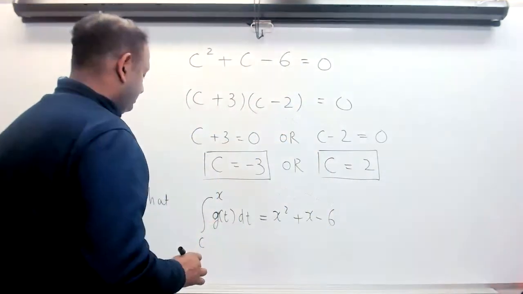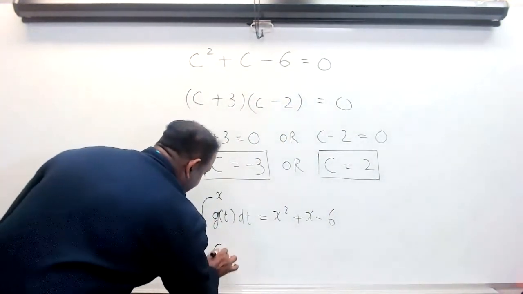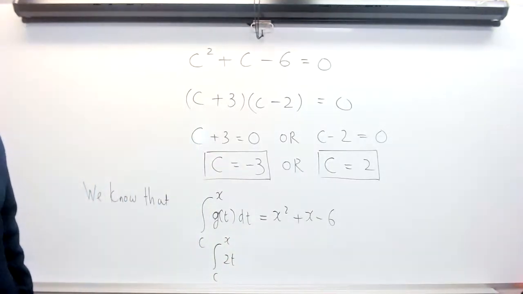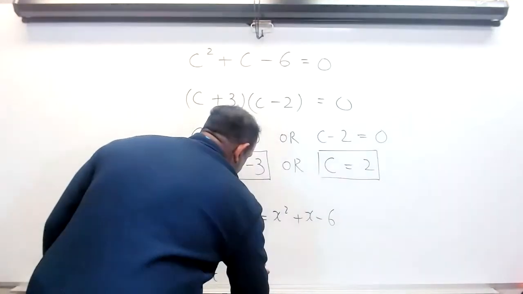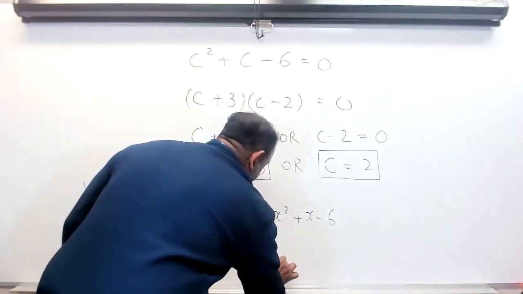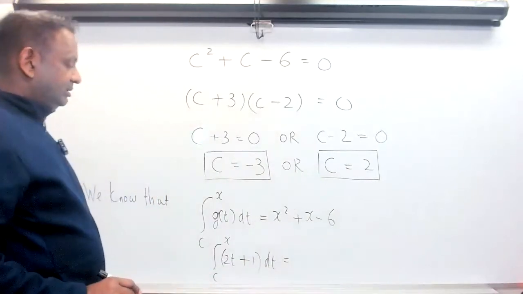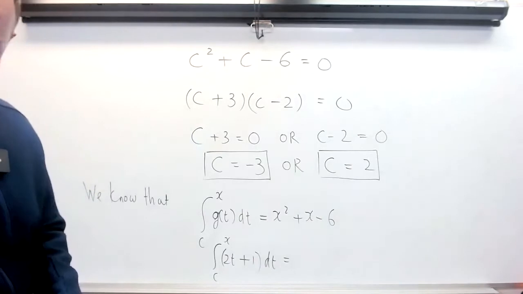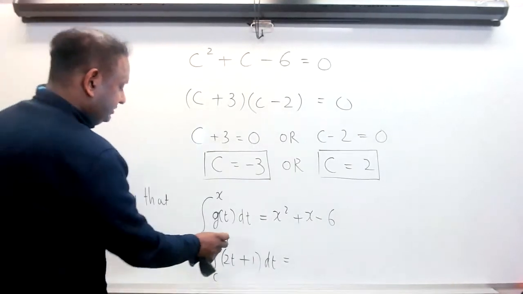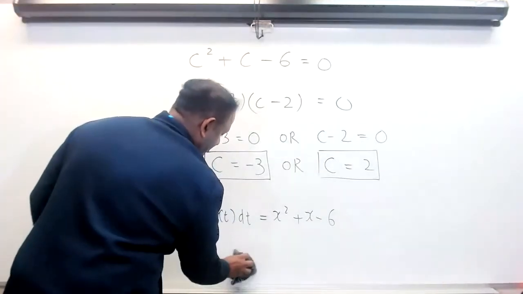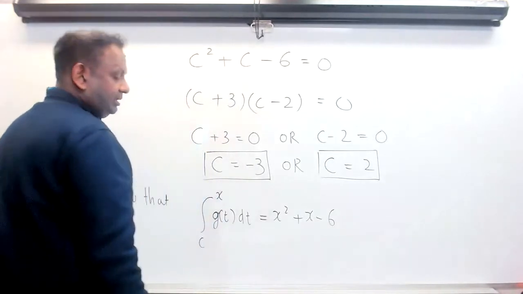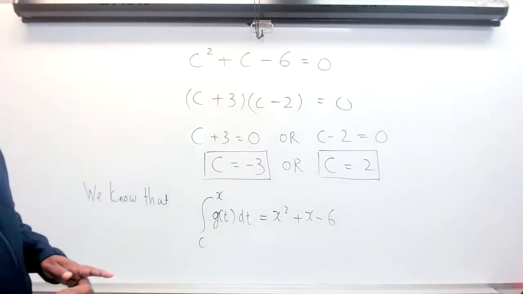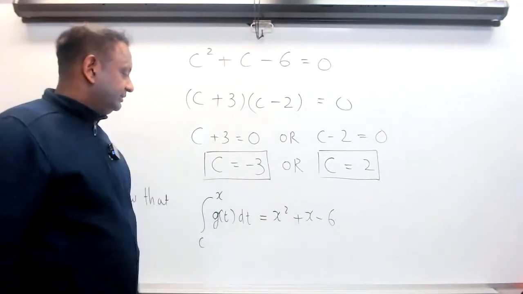And later on we replaced g(t) with 2t plus 1 dt. That means I have to show that this side is equivalent to the other side.